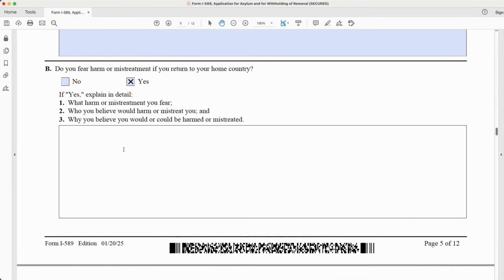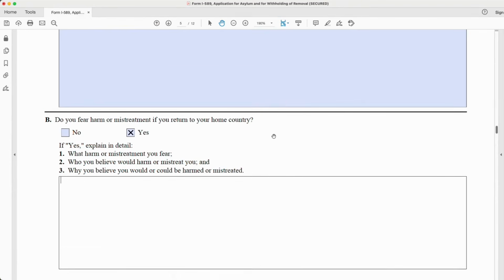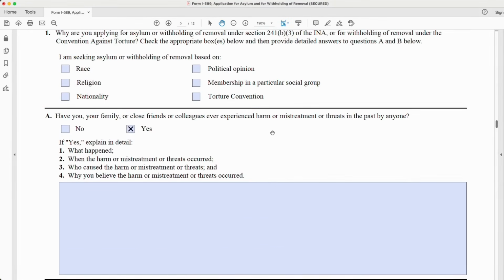Again, you can include information about who you fear will harm you, and again, why you believe they would target you specifically, explaining the connection to the reason or reasons you checked up here.